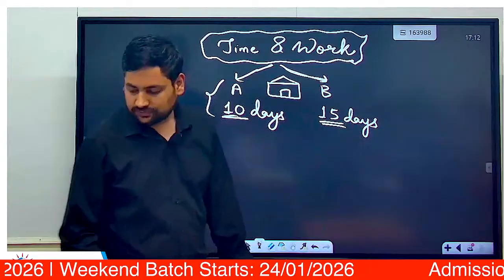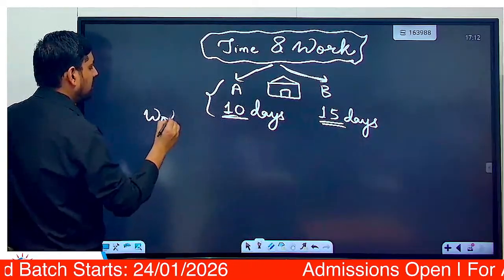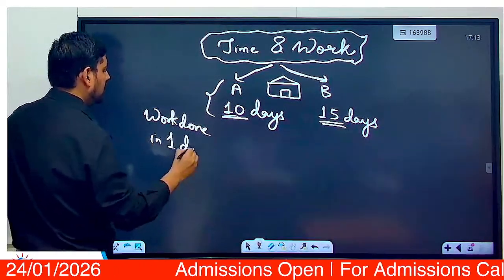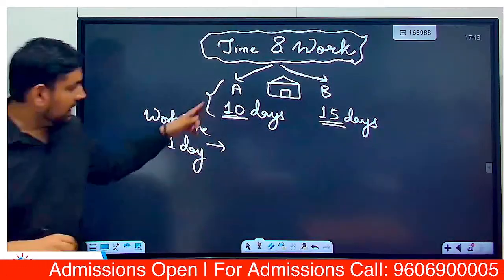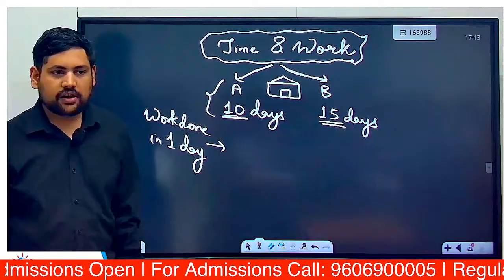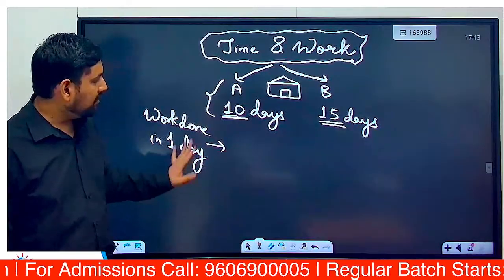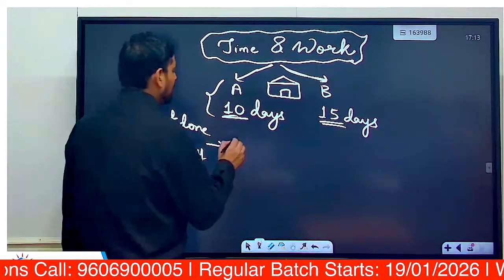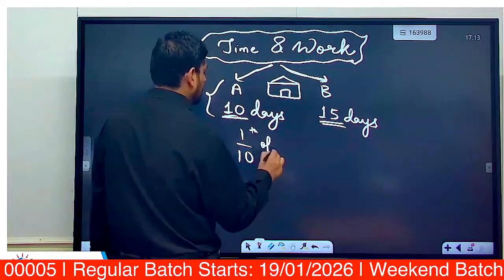Now, one thing you can understand this by is work done in one day. How much work will be done by A in one day? If the total work is T, how much of that will be done by A in one day? Basically, it will be 1/10th of the work.